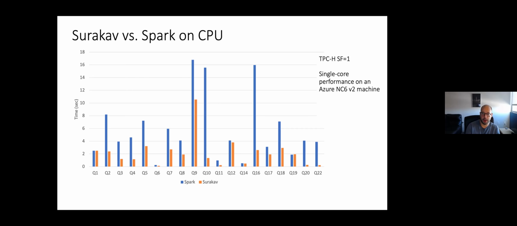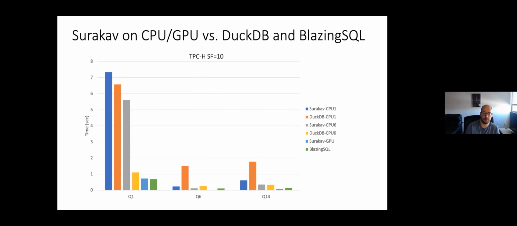And then let's see a bit. This is all on CPU. Now this is a bit more interesting and apples to apples comparison. So here we have TPC-H scale factor 10. This is 3 queries that we have taken and tried to optimize to see how much we can get.